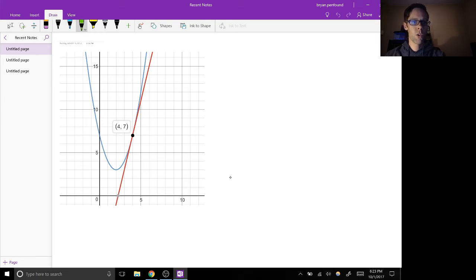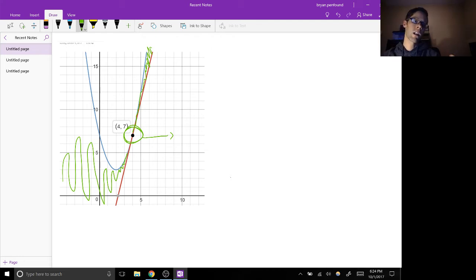So maybe in green here, I could draw any function I want, and it can be doing kind of crazy stuff. But as we get closer and closer to x equal to 4, it has to stay in between the blue and the red. Same thing up here. It could be going as crazy as it wants, but as it gets closer and closer to x equal to 4, it has to stay in between the blue and the red. So my guess is that the limit as we get close to 4 is going to be 7.